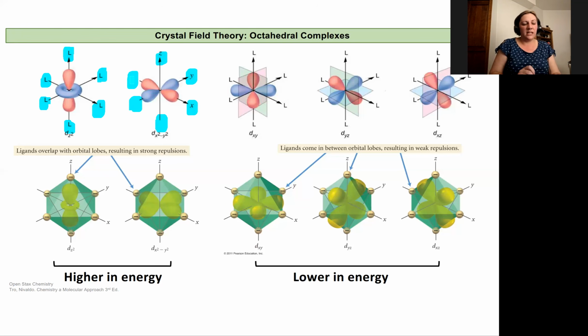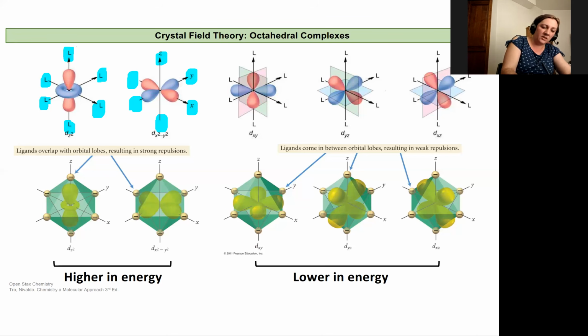And when we're looking at our dz squared and our dx squared minus y squared orbitals, we're going to see direct, not necessarily overlap, but we'll bring those ligand electron clouds very close to our d orbital in the same direction. So they won't be off center from one another.